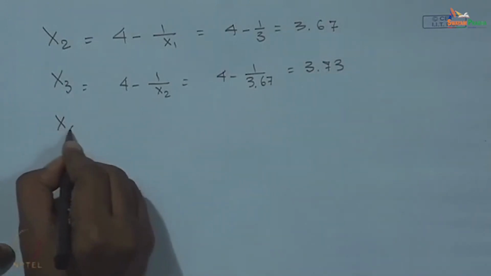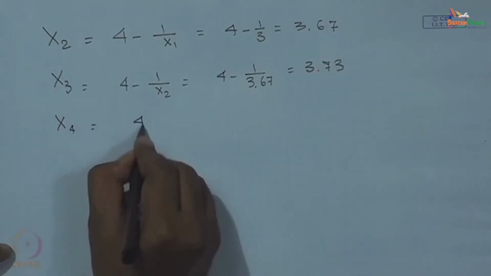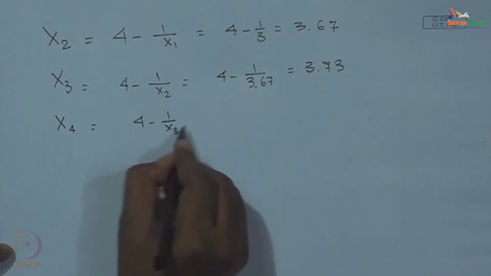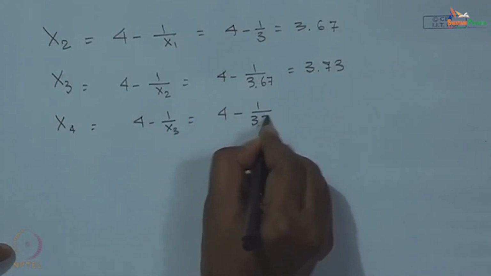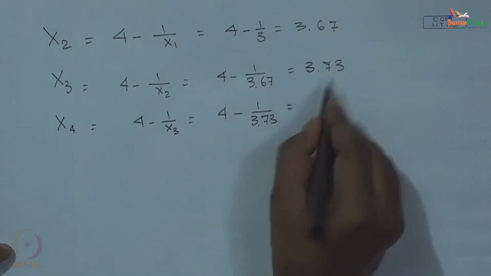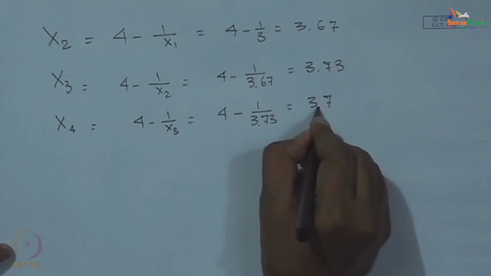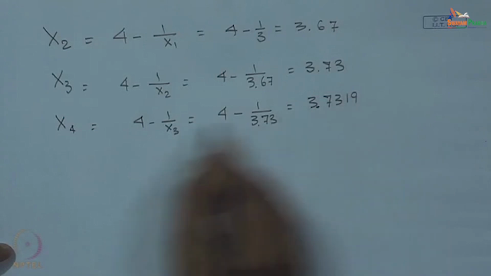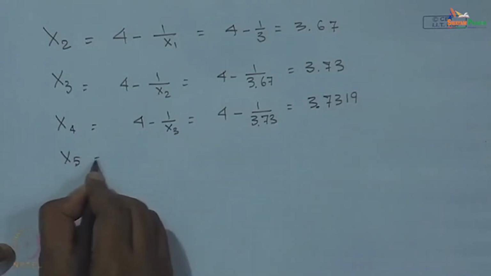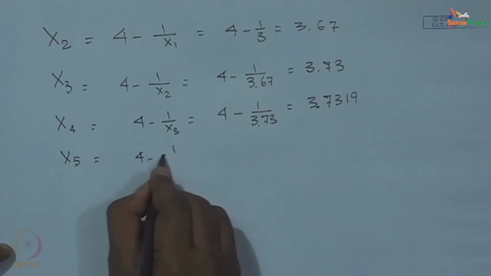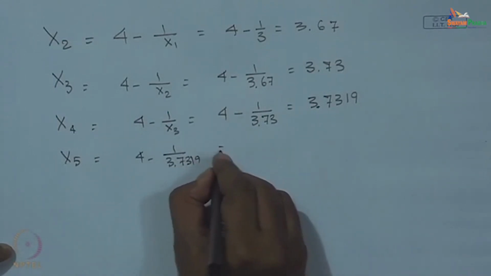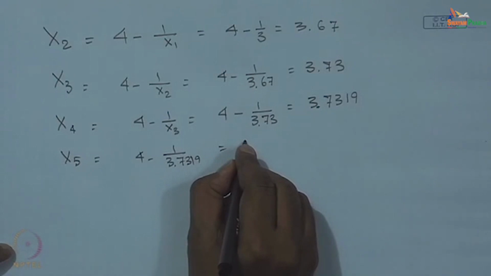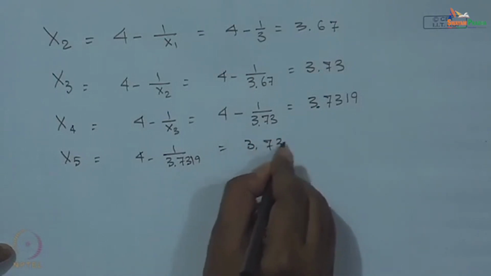Now, x4 is 4 minus 1 over x3, and this will be 4 minus 1 over 3.73. So, this will be 3.7319, and x5 is 4 minus 1 over 3.7319, and this will be 3.732.